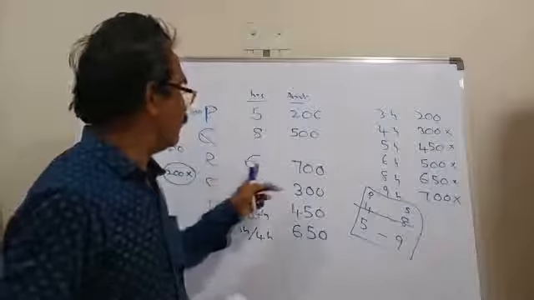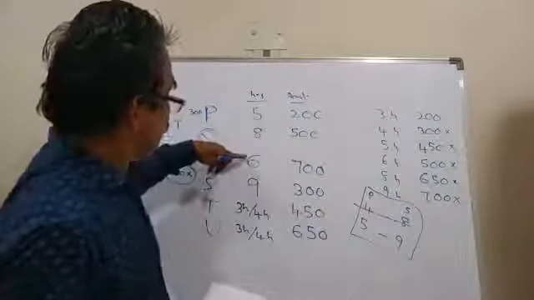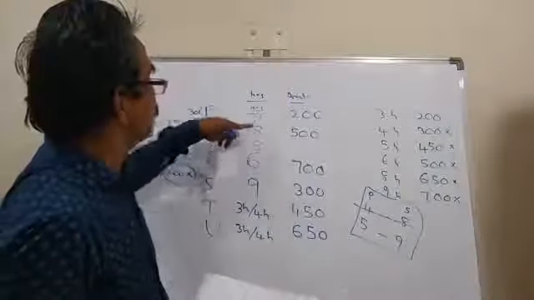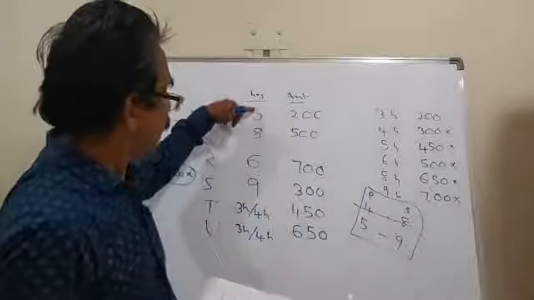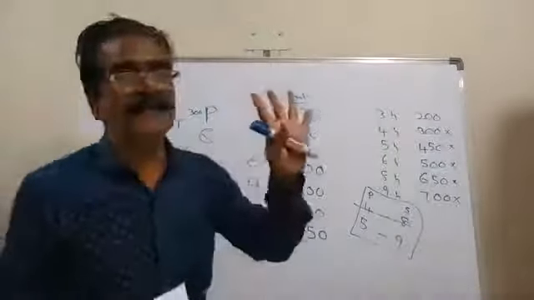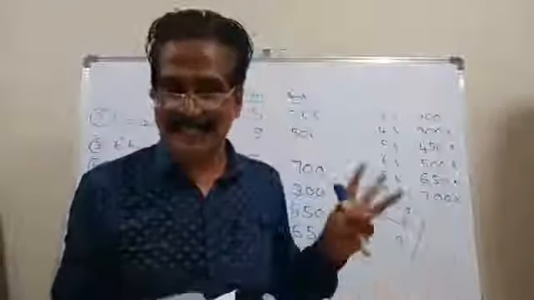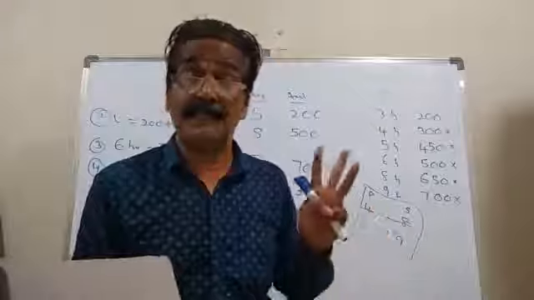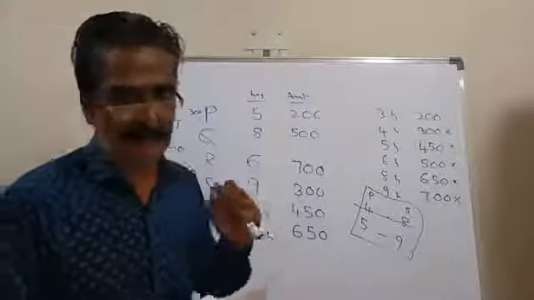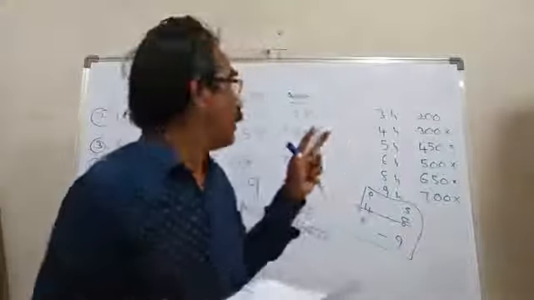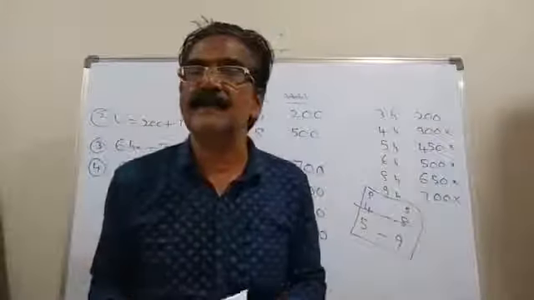R works for 6 hours. So less than 6 means we have 3 persons: P with 5 hours, T and U. Your answer is 3 persons.